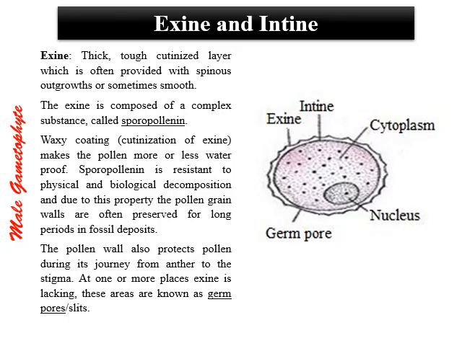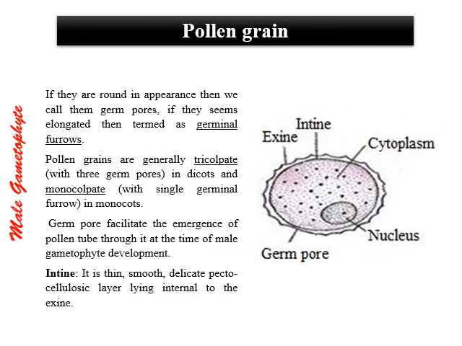At one or more places, this exine is lacking. These areas are known as germ pores or germ slits. If these pores are round in appearance, then we call them germ pores.